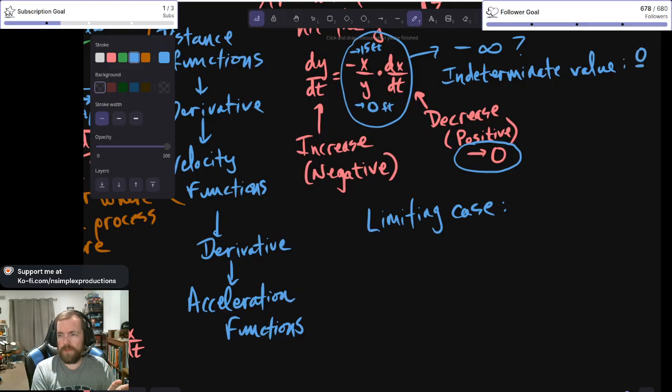It's going to be 0 over 0 in the limit. So when y goes as close to 0 as we possibly can, and dx dt is going to start slowing down as you slide out further and further, it's an indeterminate value. It's 0 over 0. So let's look at the limiting case here.